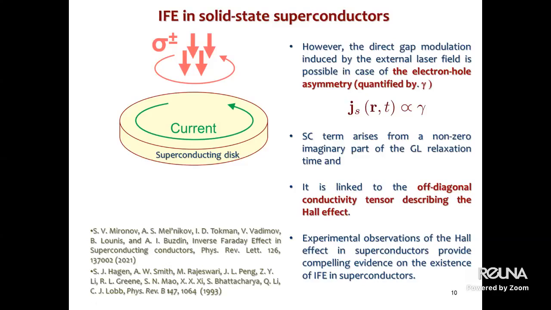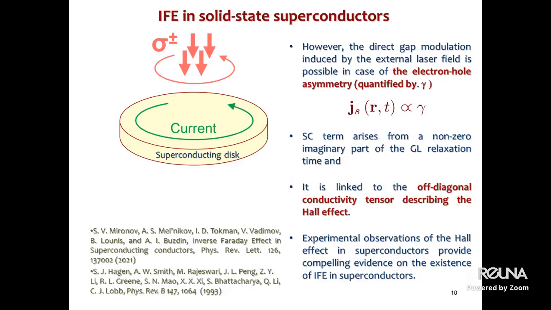So, as I said, it's small, but direct gap modulation, which basically induces the second contribution, or non-dissipative oscillatory contribution to the order parameter, is possible in non-conventional superconductors, or let's say in superconductors with non-negligible electron-hole asymmetry. This asymmetry arises from the non-zero imaginary part of the Ginzburg-Landau relaxation time.